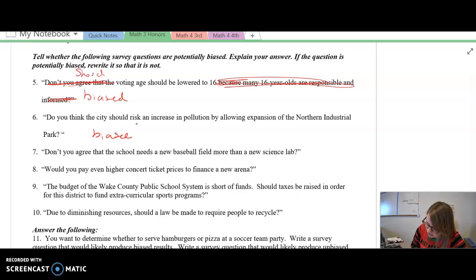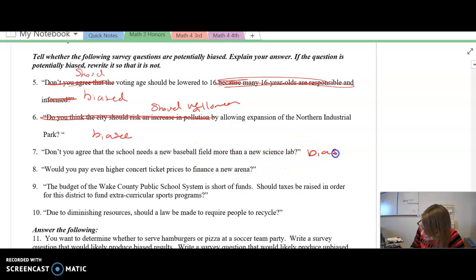So the question should just be, should we allow the expansion of the Northern Industrial Park? That is just a question, nothing else. Alright, don't you agree that the students need a new baseball field more than a new science lab?